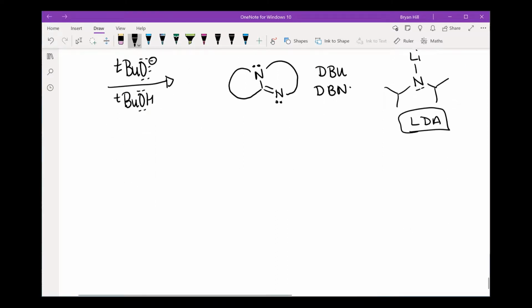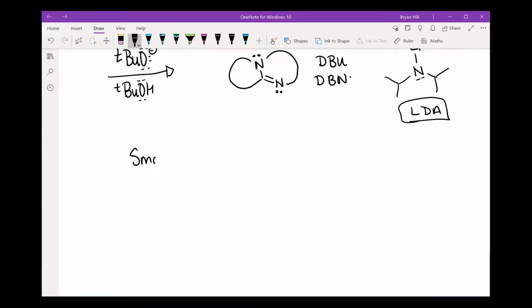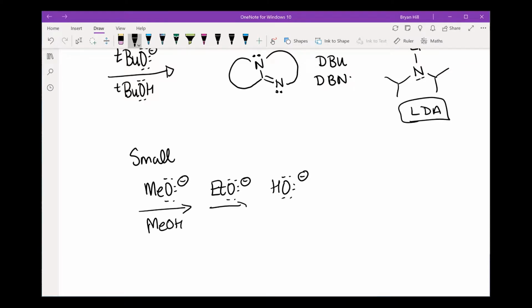For a small base, like methoxide, ethoxide, hydroxide, I guess, these are all good small bases. And the solvent you would use for each one of these is the corresponding alcohol, so methanol or ethanol.